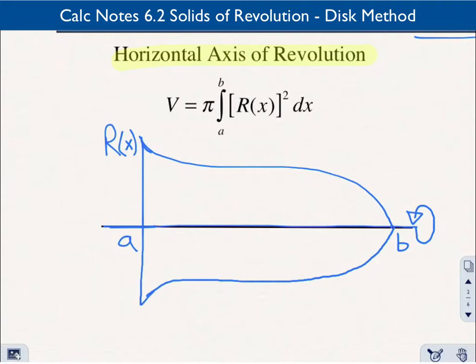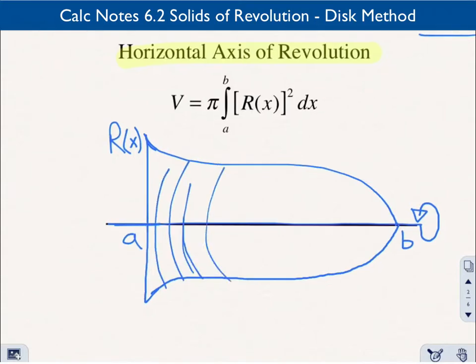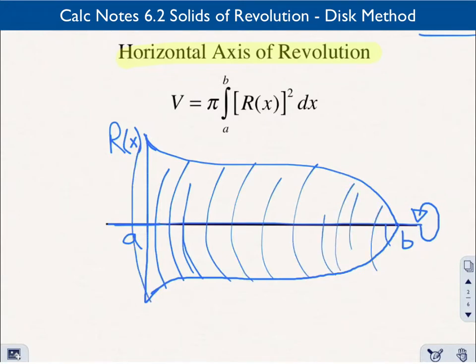And then we think of taking this and revolving it around the axis. And remember, what we're really revolving here is this entire shape right here. Now what's happening here is we're actually taking these rectangles right here and revolving them.